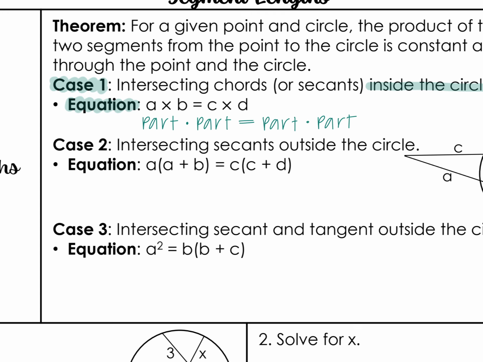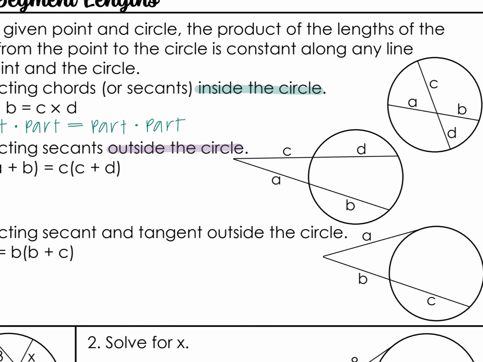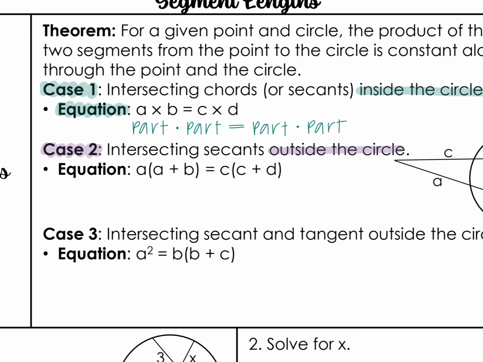Okay, in case two, we are going to have our intersecting secants outside of the circle. Okay, so if we look over here, the formula is going to be A times A plus B is equal to C times C plus D. Okay, and so usually I will refer to this as our outside times the whole length.